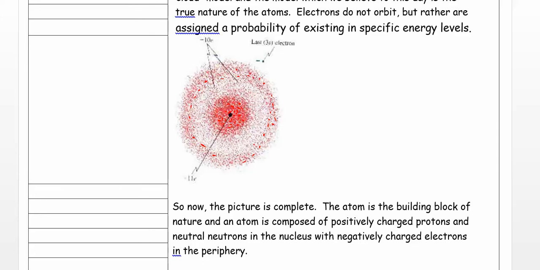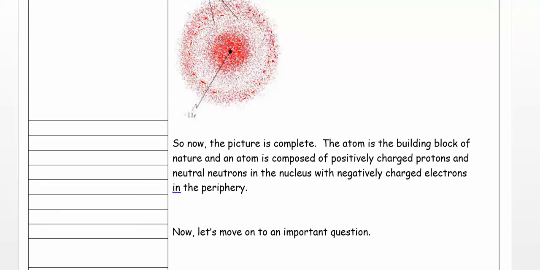You could only tell where the electron had a high probability of being. So now the picture is complete. The atom is the building block of nature, and an atom is composed of positively charged protons and neutral neutrons in the nucleus with negatively charged electrons in the periphery.